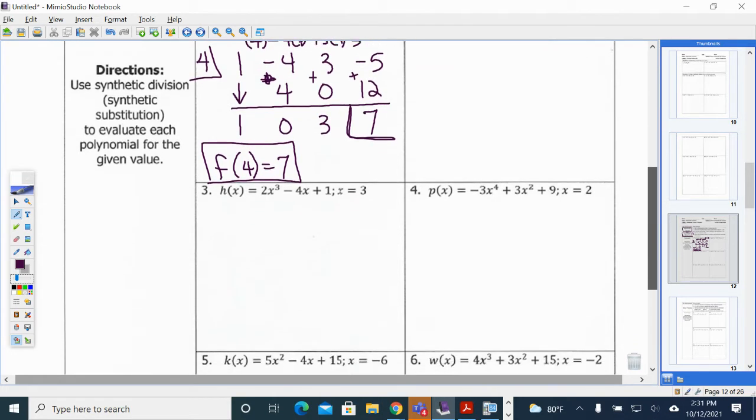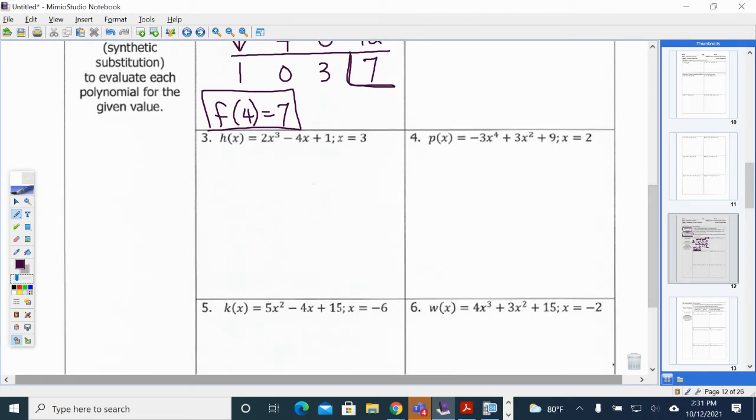Looking at example number 4, p of x is equal to negative 3x to the 4th plus 3x squared plus 9 when x is equal to 2. So again, we're evaluating this for x is equal to 2. Put the 2 in the box. The one thing I do notice as I'm checking for standard form is that on number 4, I'm missing a couple of terms. We have an x to the 4th, but we don't have an x to the 3rd.